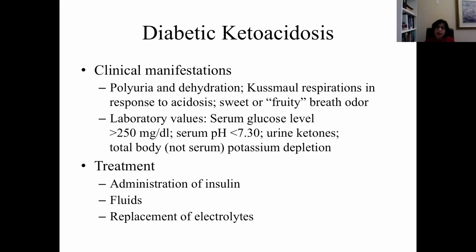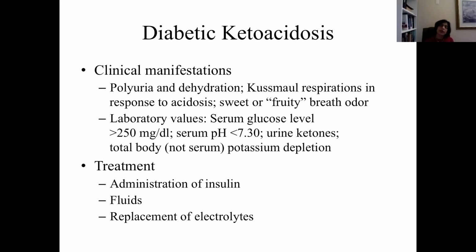Then the lab values: you have definitely greater than normal levels of glucose, over 250 milligrams per deciliter, and pH is less than 7.35. Ketones in urine. When you have too much ketone in the blood, some of it spills into urine. All right, and total body potassium depletion. If you have insulin, it promotes potassium entry into the cells.